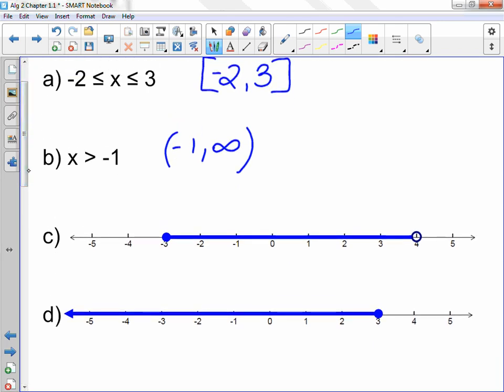So if it's bounded, we will have two numbers. If it's unbounded, we'll have a number and an infinity, either positive or negative. So looking at this next one, are we bounded or unbounded? Bounded. So what are our two numbers? -3 would be on the left, 4 would be on the right.